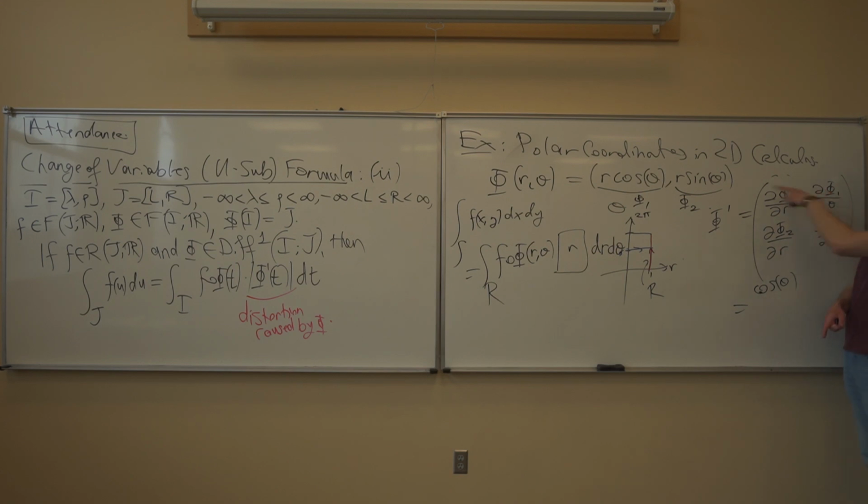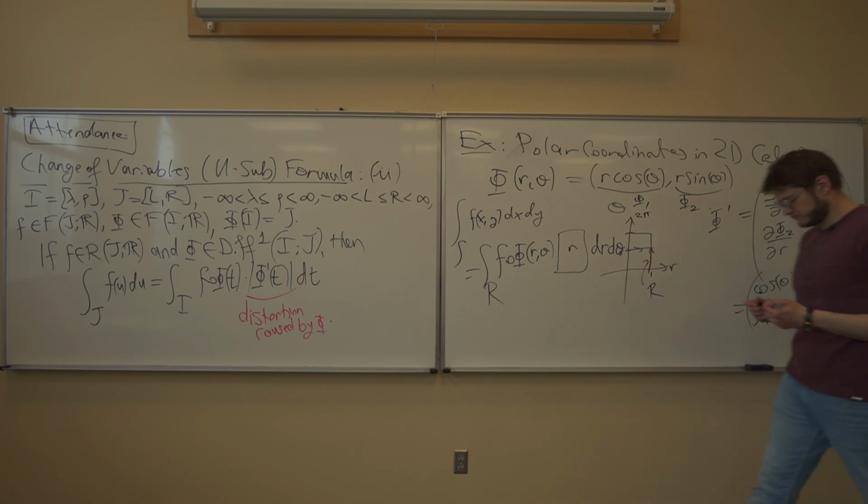And then the same function, if I were to think of r as the constant and theta as the variable, because I'm trying to take the partial relative to the other variable, then becomes minus r sine theta. And then similar things happen here, right? So this becomes sine theta, this becomes plus r cosine theta. Okay.